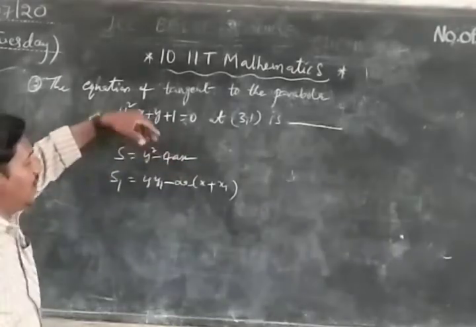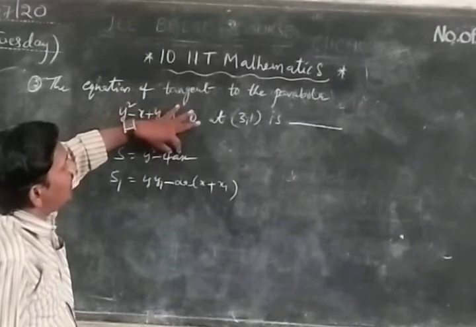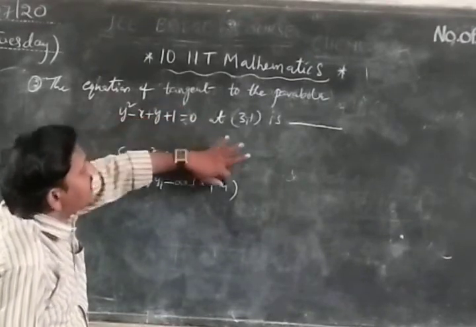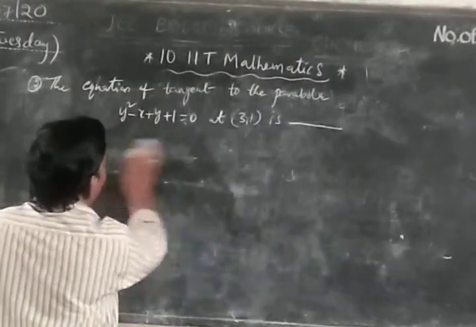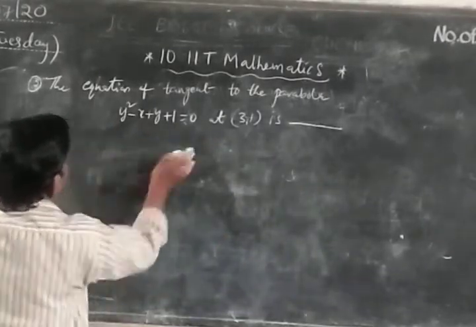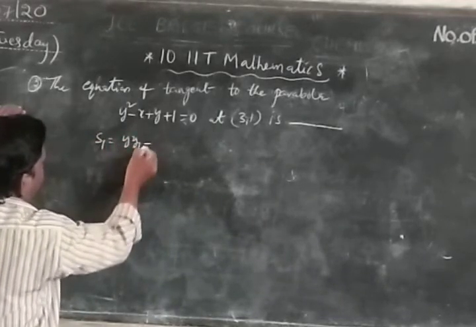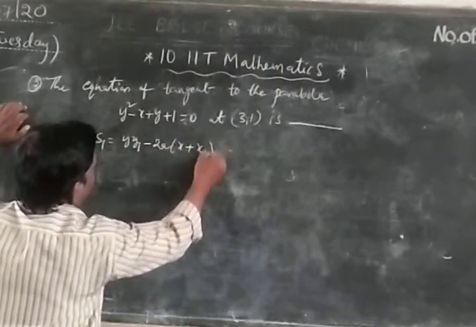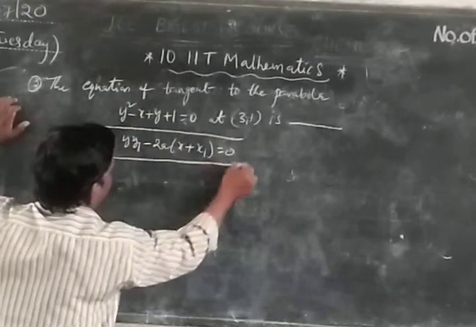That means here we take only half. Half of 4a means 2a. Here x means x plus x1. In the same way, S1 equal to y y1 minus 2a into x plus x1 equal to 0. Okay, this is the equation.